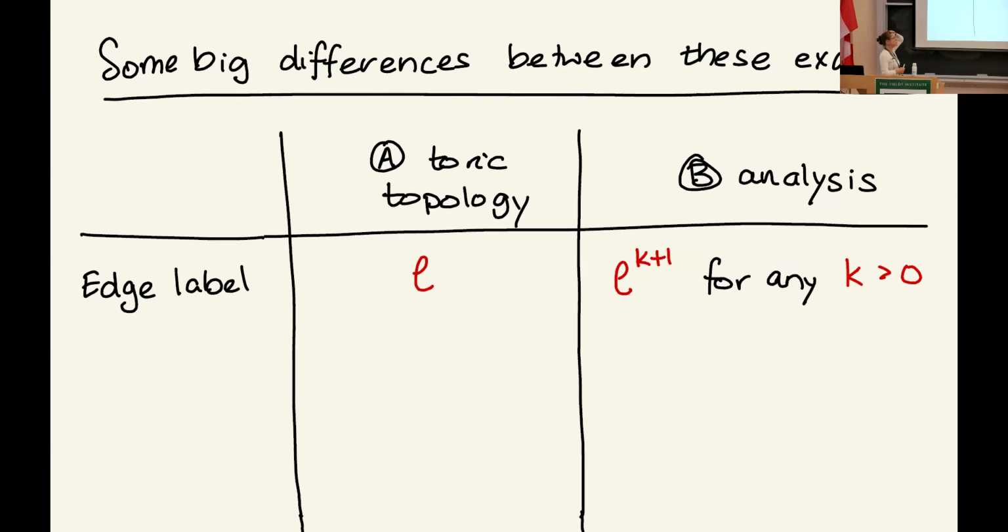One is the edge label, and generally it's just the weight of a torus action, L, in the toric topology context, whereas in analysis it is always possible, and largely speaking always interesting, to think about raising it to any power.